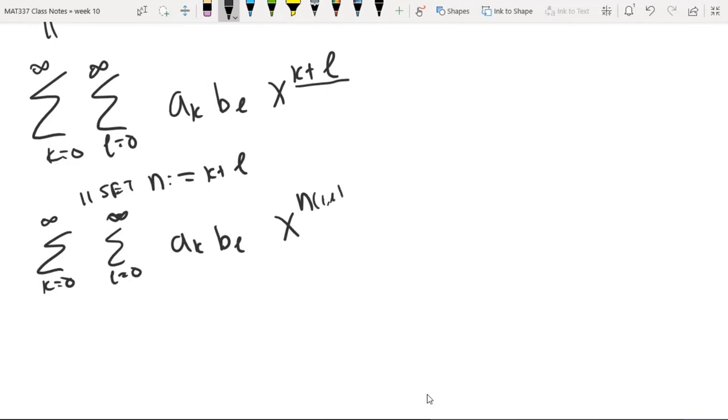Now let's rearrange this. So this is really a product, a k, l product where they start from 0, 0.